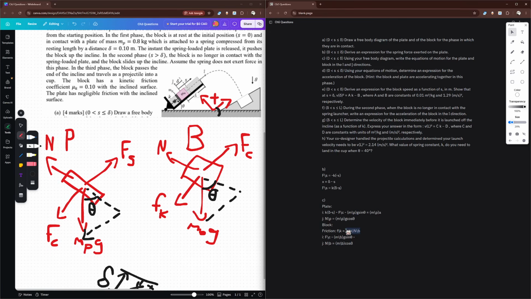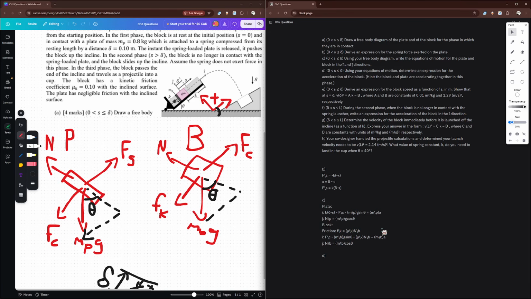So I'm going to substitute this in here, and this is equal to mb a, acceleration. And these accelerations are the same. The reason we know that is because it says so in part D. So that's the answer for part C.